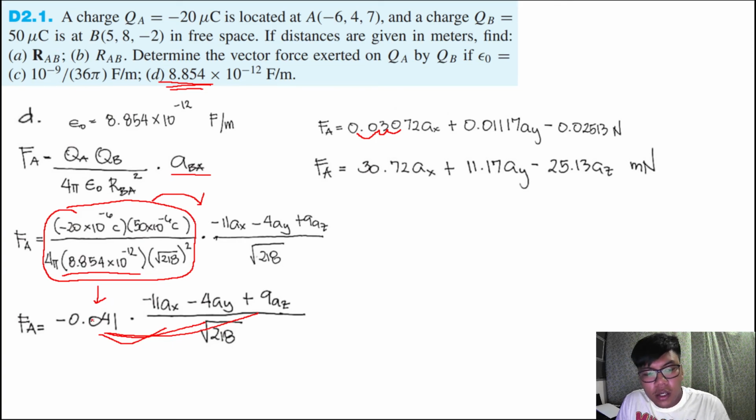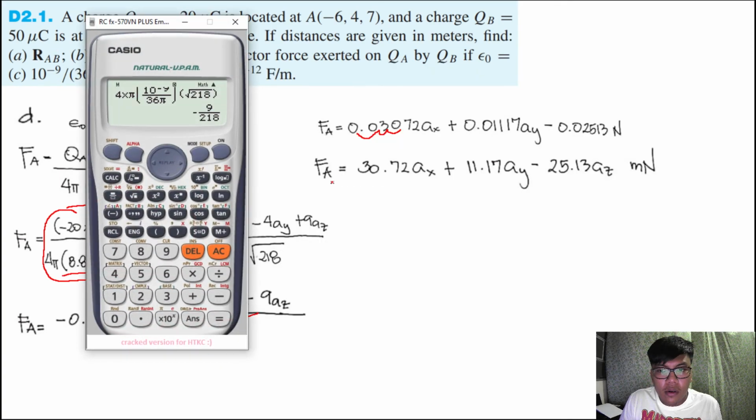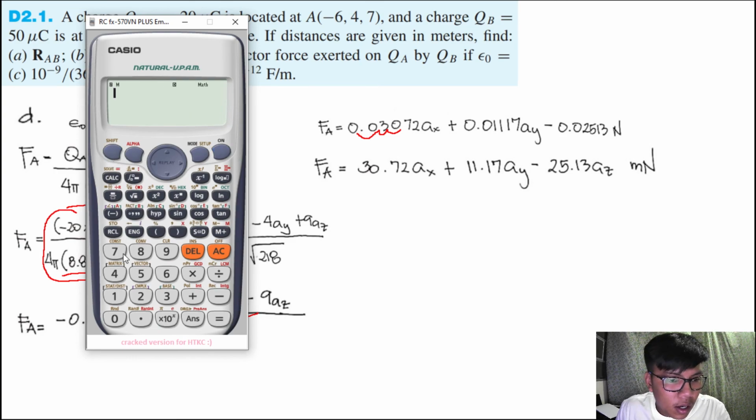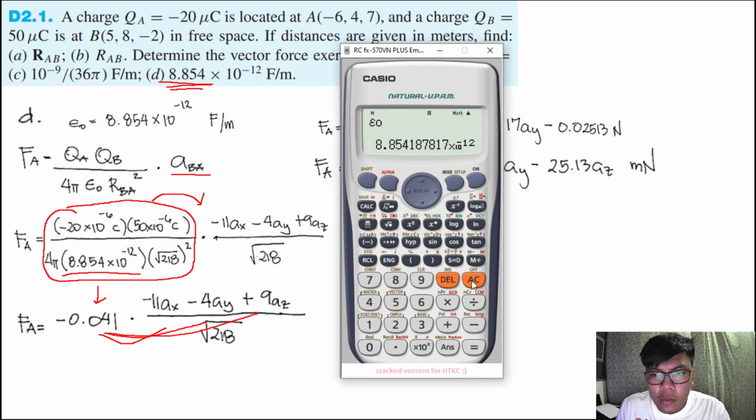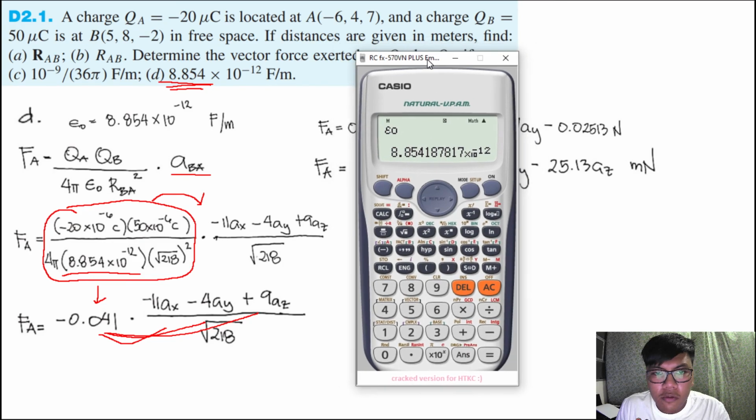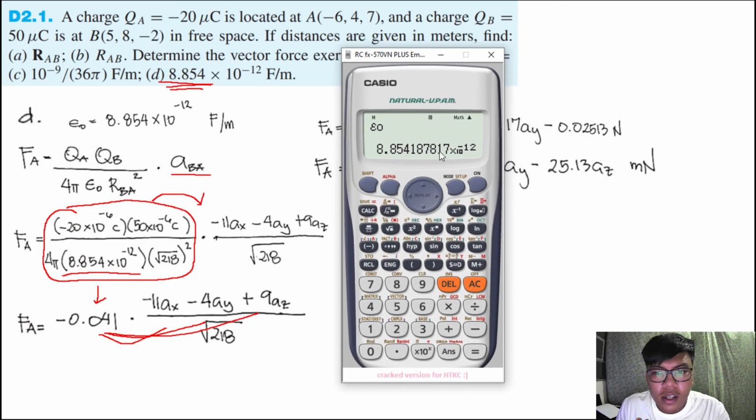So kung meron kayong Casio calculator, kagaya nito, pindutin nyo yung ano, para makita nyo yung value niyan. So we have constant 32. 32 yata yan. Ayan o, permittivity. So we have, ayan o, 8.854 7817 times 10 raised to negative 12 farad per meter, no? Haba pa niya.